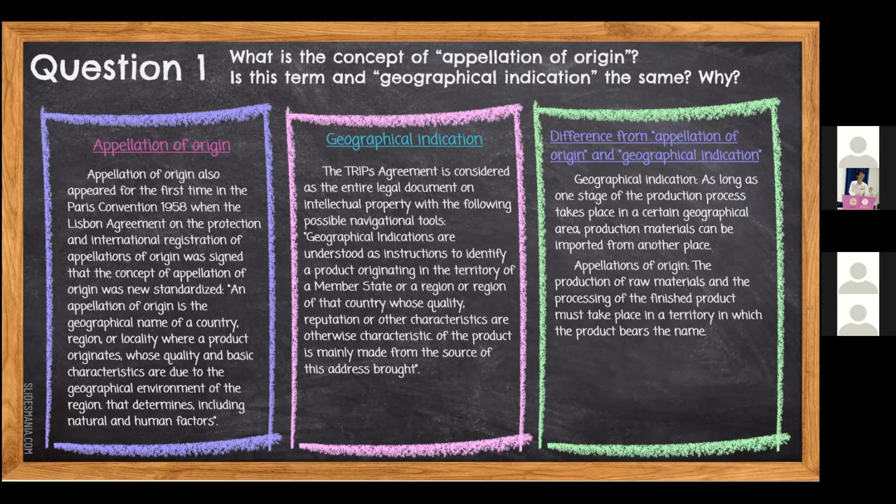An appellation of origin is the geographical name of a country, region, or locality where a product originates, whose quality and characteristics are due to the geographical environment of the region, including natural and human factors.